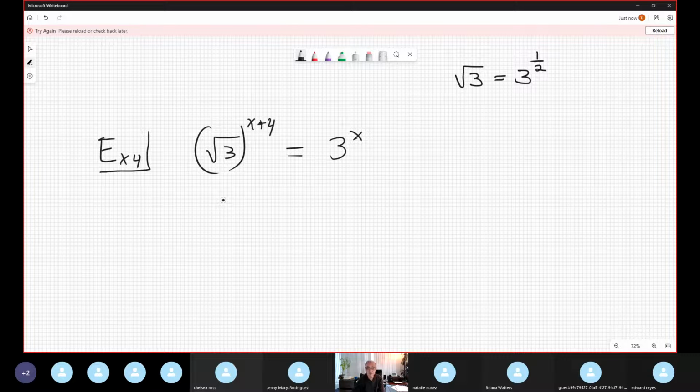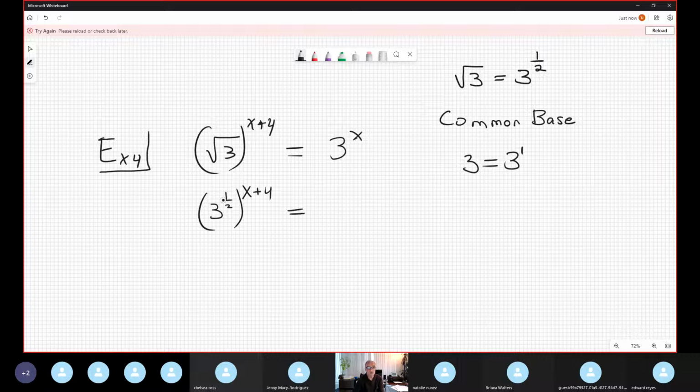So it is obvious that the common base we select in this problem is 3. Because radical 3 we can express as 3 to the 1/2, and 3 is 3 to the 1. If you manipulate both sides, you copy 3 to the 1/2 raised to the x plus 4 equals 3 raised to the x power.